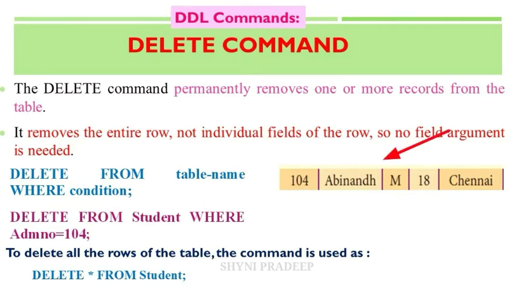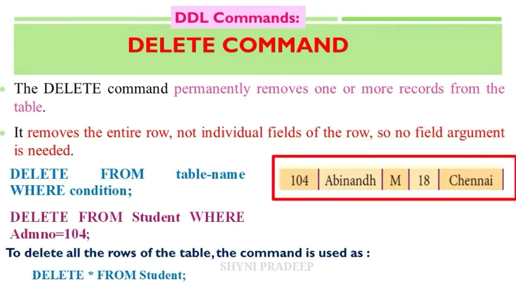See this example. If you want to delete this row, you have to give the command like this: delete from student, this is the table name, where admin number is equal to 104. This is the admin number. So it removes the entire row. This entire row will be deleted.